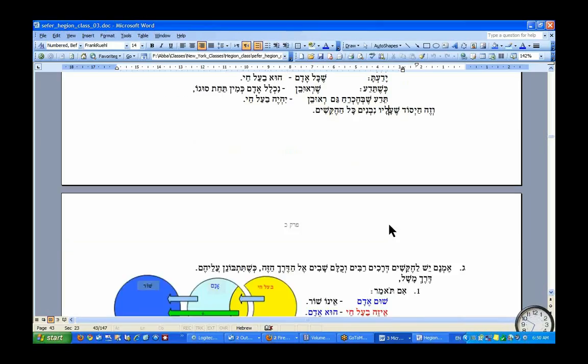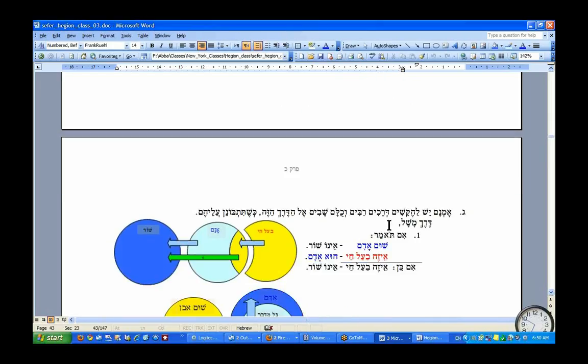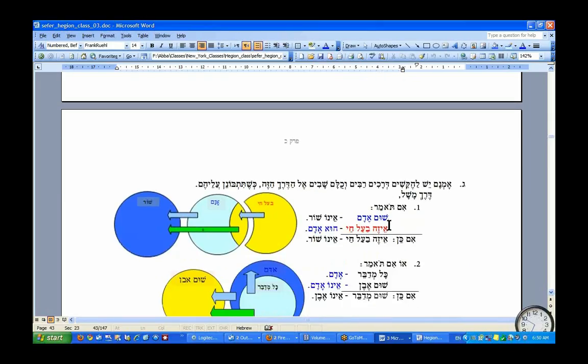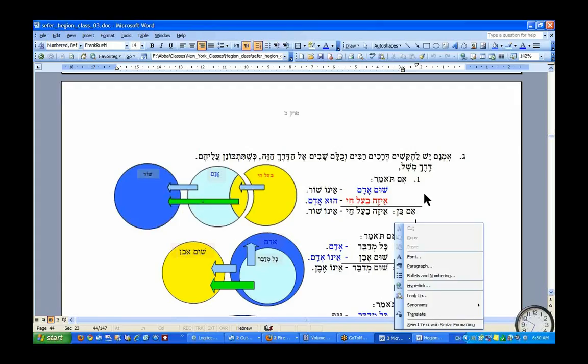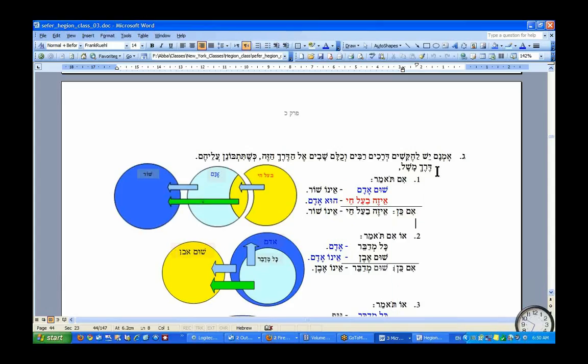Now, here we can get some complicated ones. That's simple if we're just talking about all A is B, right? But now we've got to get to some complicated ones. So we have some nice Visio charts. Omnam, yesh lehekishim drachim rabim.